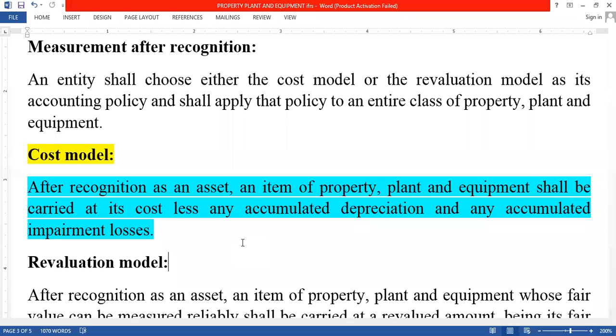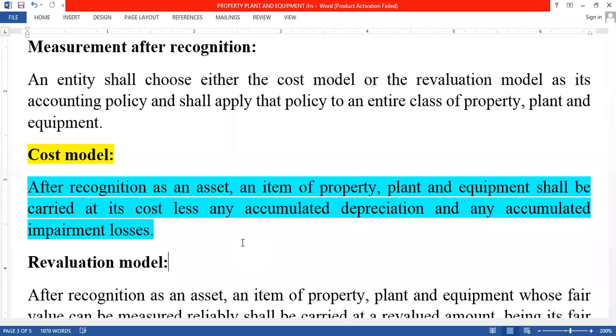Impairment is a permanent reduction of an asset's value, and it is also considered a loss. This is what we call the cost model.